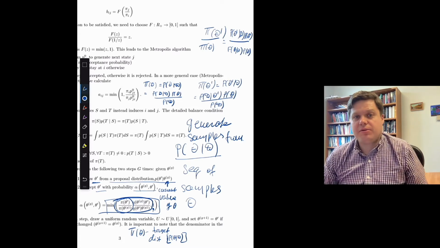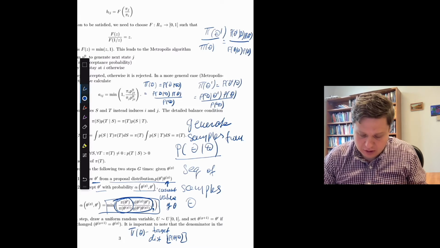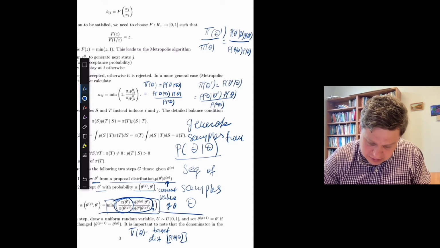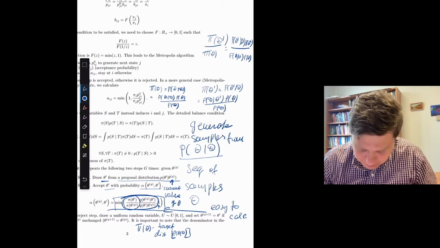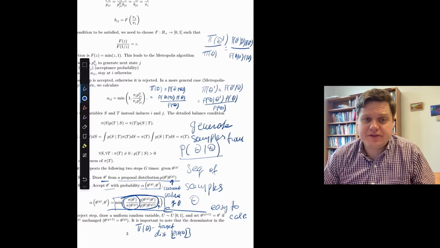So there's no probability of data anymore. We don't need to really calculate this integral. So this one is easy to calculate. And in this class, we're gonna skip the proof of this fact.